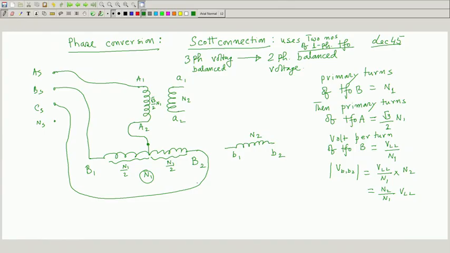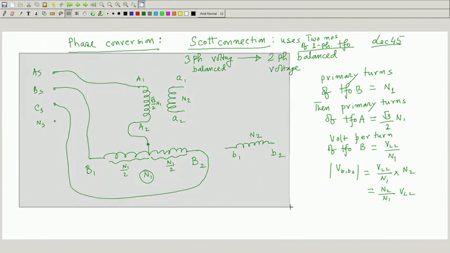I will draw here so that I do not have to, or shall I go to next page? I will select this one, this diagram is needed. So, select this, so that I do not have to draw.